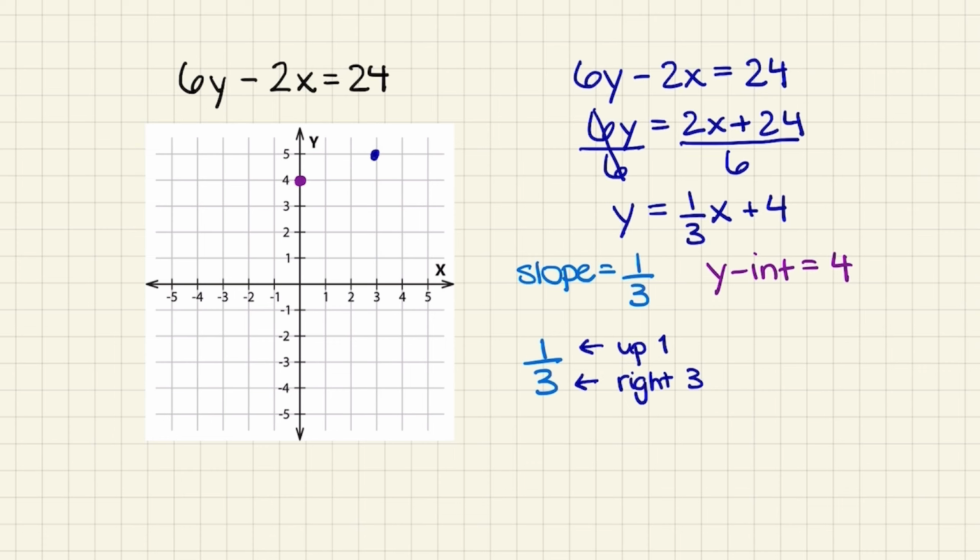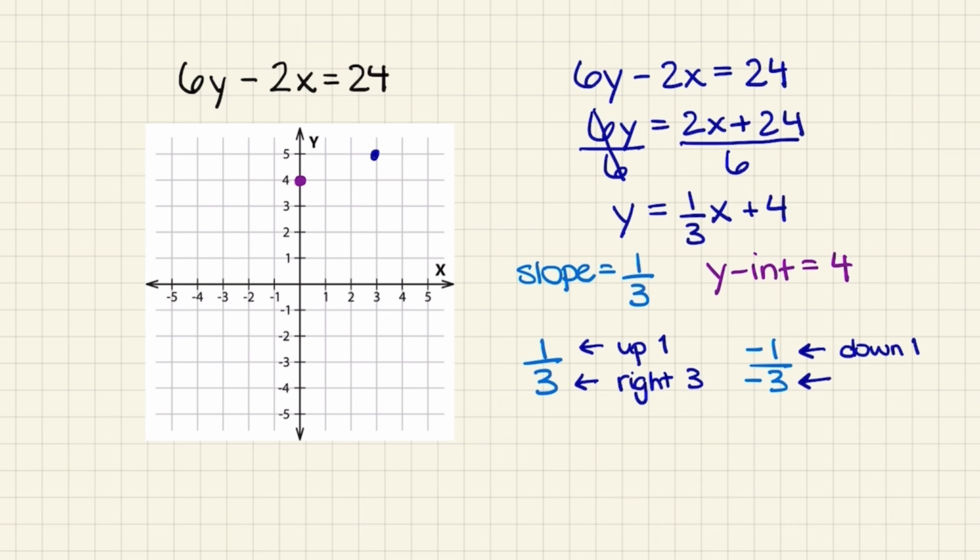All right, now let's look at the slope if we changed it so we can go in the other direction. So -1 over -3. Remember, we have to change both of the signs. Negative divided by negative gives us a positive. So that means if it's -1 on top, we're going to go down 1.